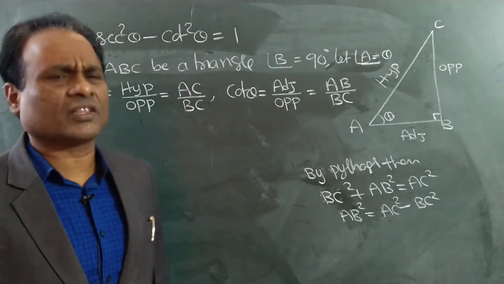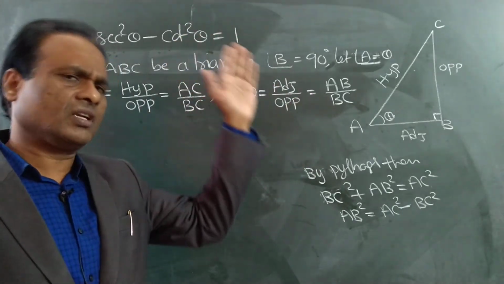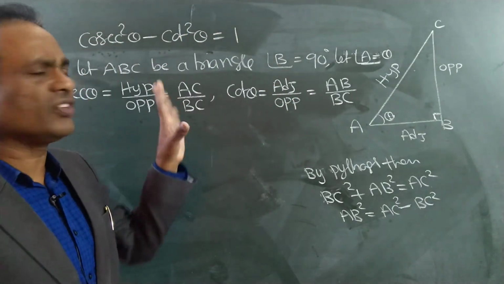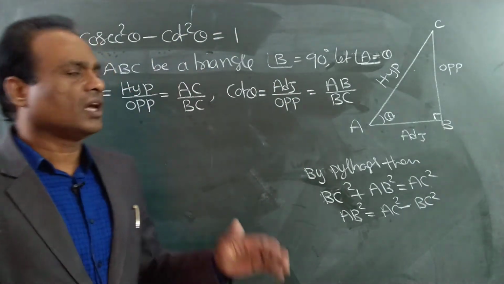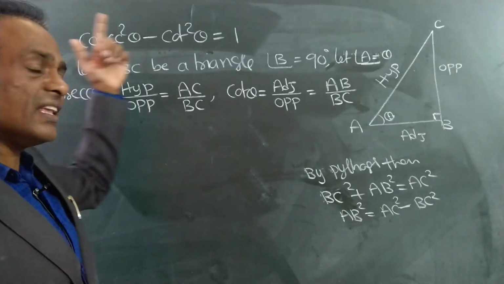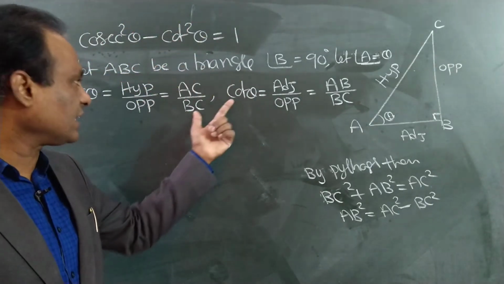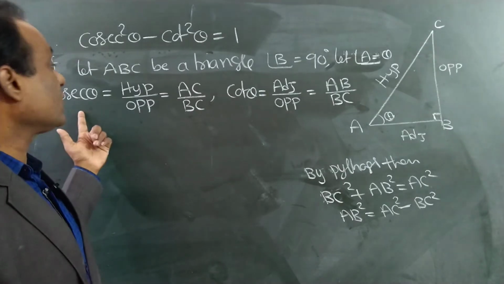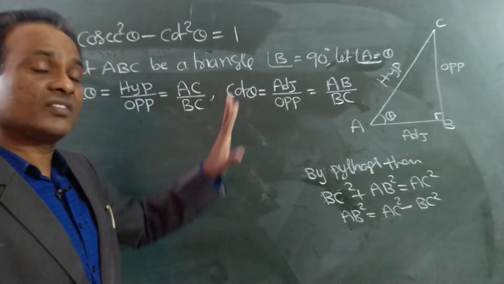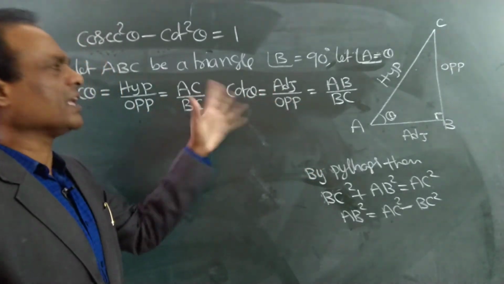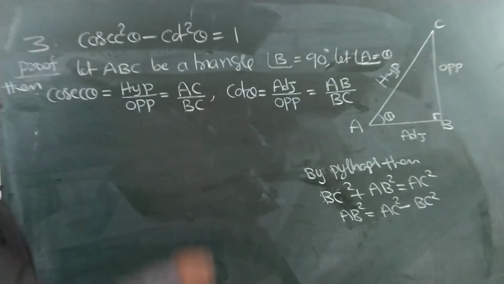You know these formulas. At the start itself I gave the six trigonometric ratios: the definitions of sin theta, cos theta, tan theta, cosecant theta, secant theta and cot theta. Now I am applying the formulas. What do we require?